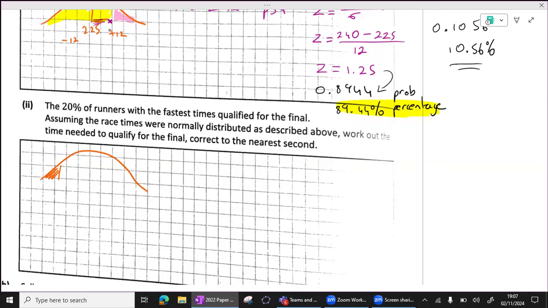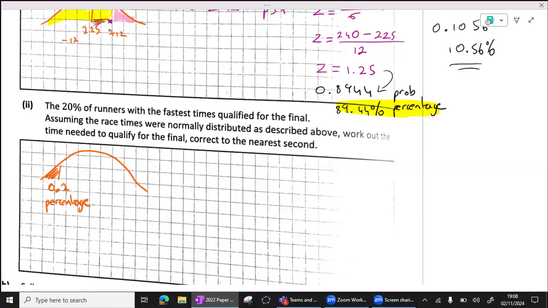Now, this is supposed to be 20%, so that's 0.2. The problem with this is we've been given the percentage. So because I have the percentage, if I look at page 36 and 37, I should be looking within the table, at the 4-digit numbers, the 4 decimal place numbers. But even if you want to check it yourself, you will not be able to find 0.2.